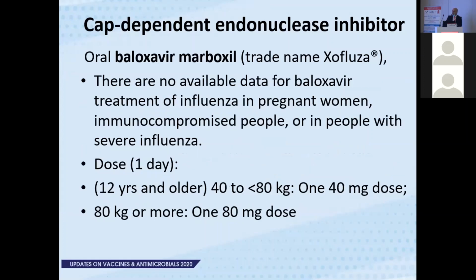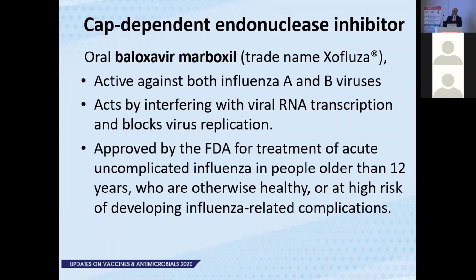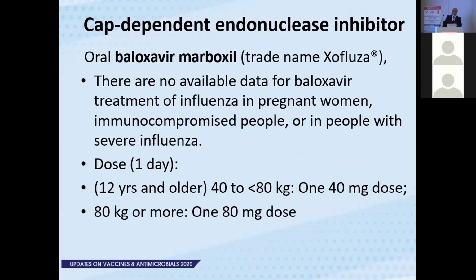Actually, there are no available data for using baloxavir in pregnant women, immunocompromised people, and in people with severe influenza. The clinical trials were carried out among the healthy or those at high risk group, but not among pregnant women or immunocompromised. Again, it is a once daily dose, also for prophylaxis.